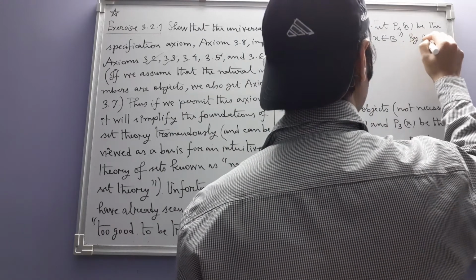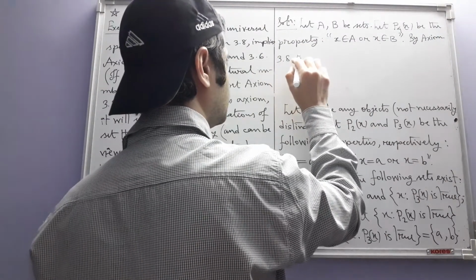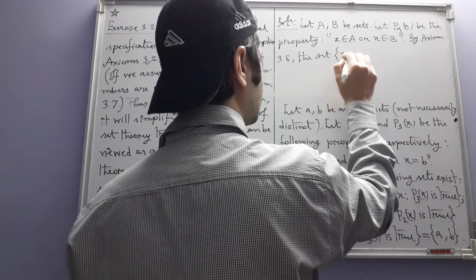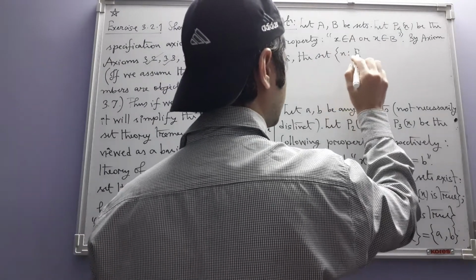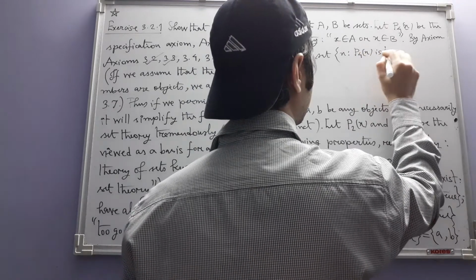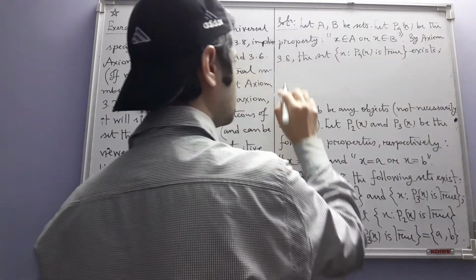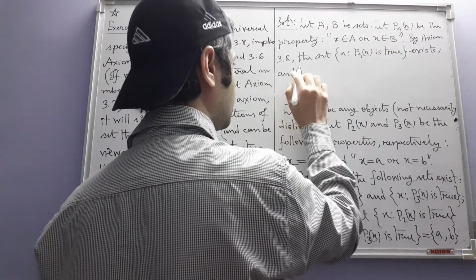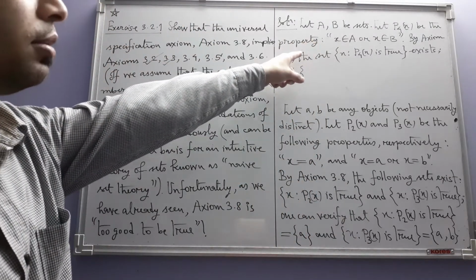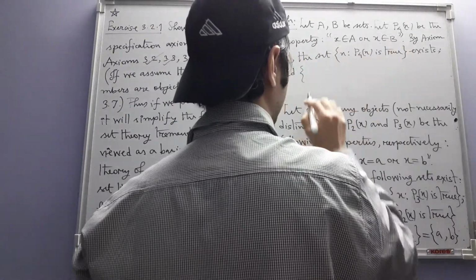By axiom 3.8, the set of all objects for which P4 is true exists, and one can see that this set is actually nothing but the union of A and B because of the definition of the property P4.